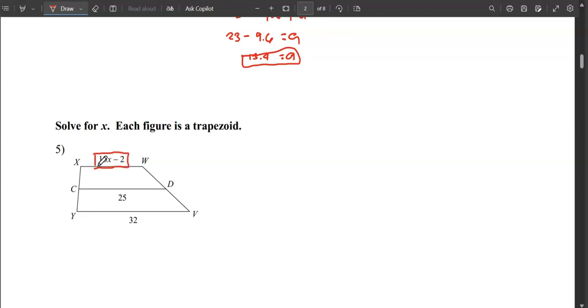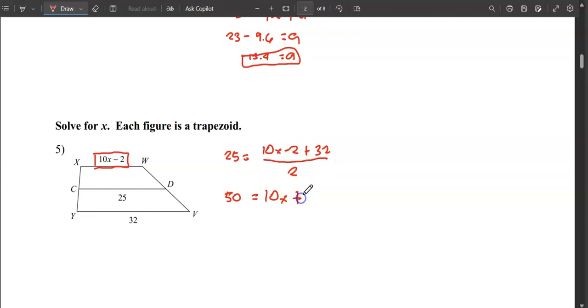Again, we know that 25, the mid segment, is equal to (10x minus 2 plus 32) all over 2. So we have 25 times 2, that will give us 50 equals 10x minus 2 plus 32.